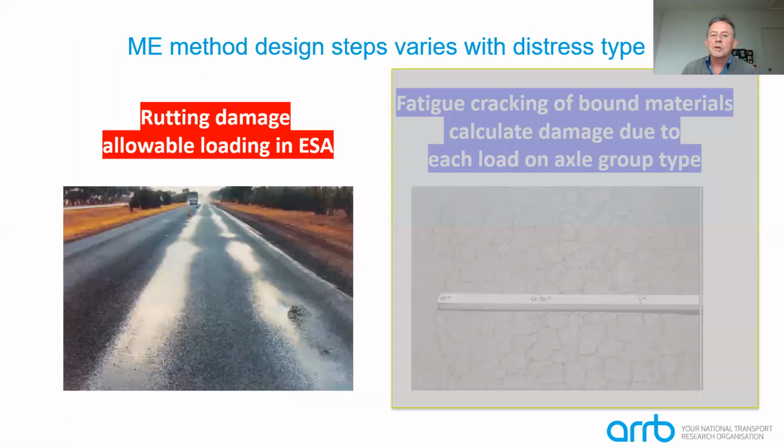The reason we do that is in the mechanistic design method, we use a simplified approach to calculating the allowable loading. We calculate the allowable loading of the pavement in equivalent standard axles. So that's why we calculate the design traffic in equivalent standard axles as well, the same unit.